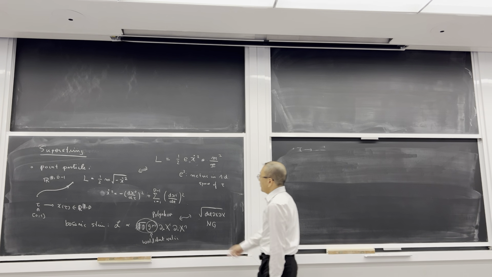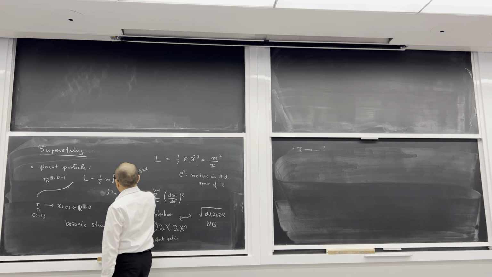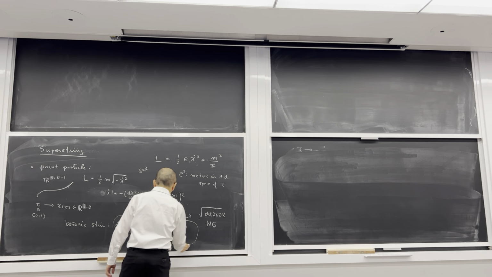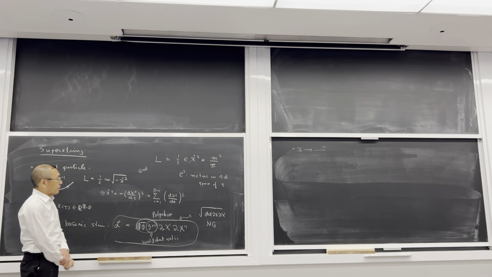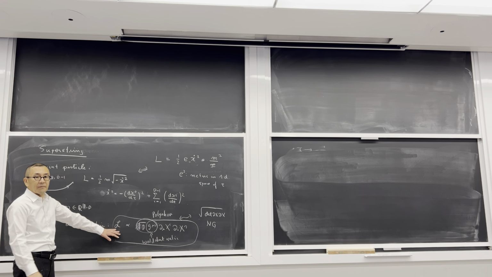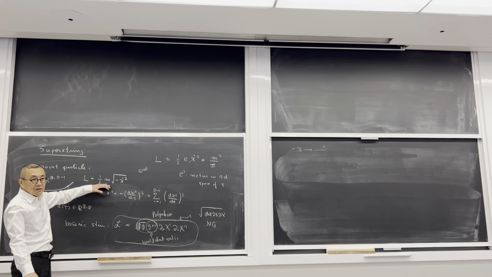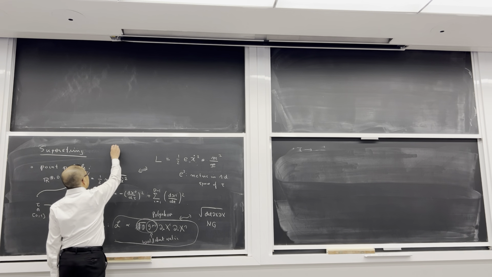Okay. And what you can show is that, just like in the case of the string, because of the diffeomorphism invariance of the worldsheet, there are Virasoro constraints. So in this simpler model, there is also a constraint, and that gave rise to the Klein-Gordon equation.